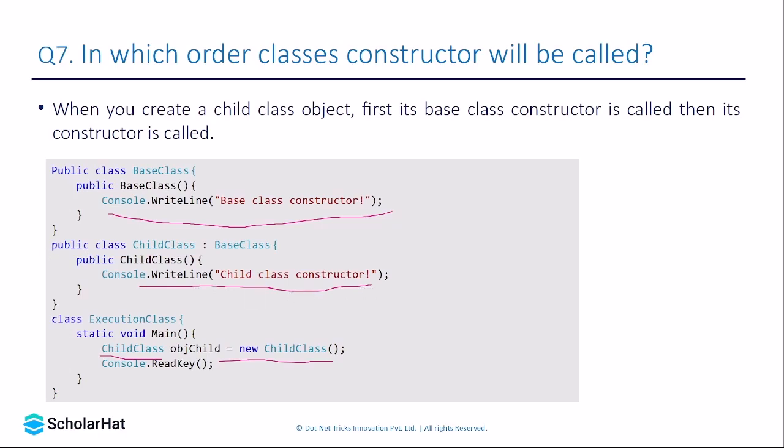So let's see the output of it. When you execute this, first the base constructor called is printed, that is the first statement, and second the child constructor called, that is the second statement. So with this topic, we covered the constructor section in this slide, and you can say that there are different types of constructors and they can be used in different scenarios.